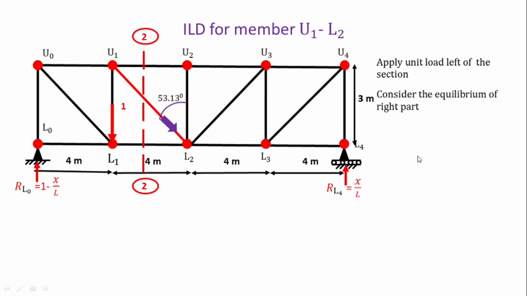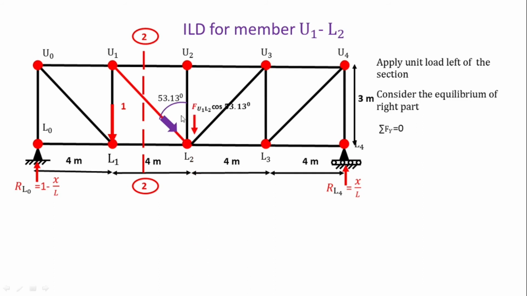Now this angle is 53.13, and here again we are applying the sigma Fy condition, so U1 U2 doesn't affect, and L1 L2 doesn't affect this sigma Fy condition. Only the diagonal member will affect this sigma Fy condition. So one condition, one unknown.